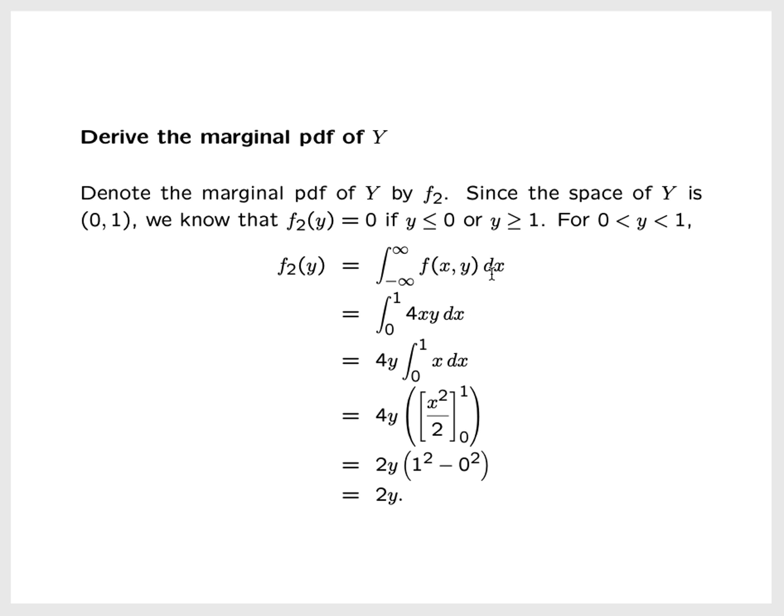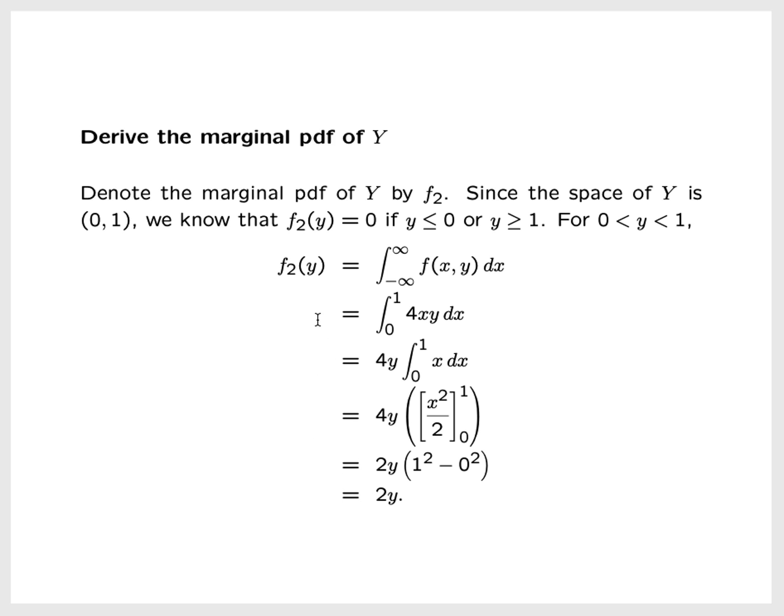When we do that, based on the definition of the joint PDF, that integral simplifies to the integral with respect to x from 0 to 1 of 4 times x times y. Now we can calculate this very simple integral, and it evaluates to 2 times y.